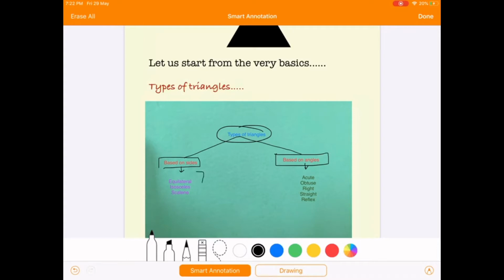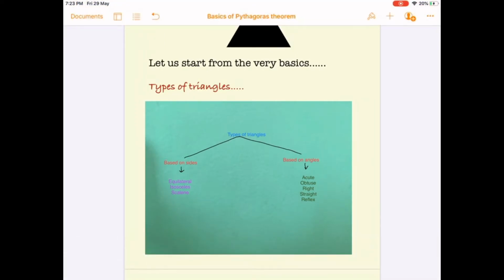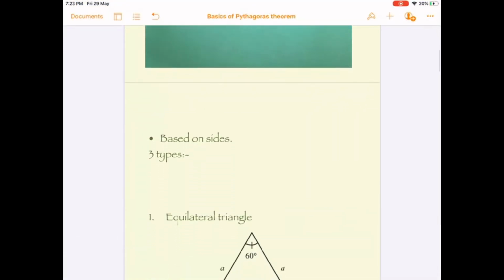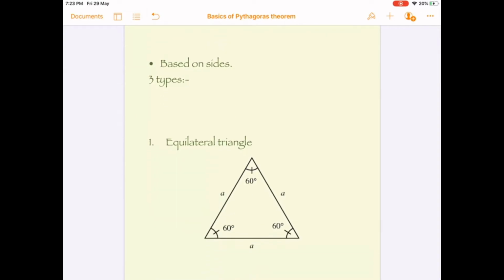So what are the triangles based on the sides? First is equilateral triangle, isosceles triangle, and third is scalene triangle. Based on angles, it is acute, obtuse, right, straight, and reflex angle triangle. So we are going to study about these triangles in detail, so let us start on that as well.